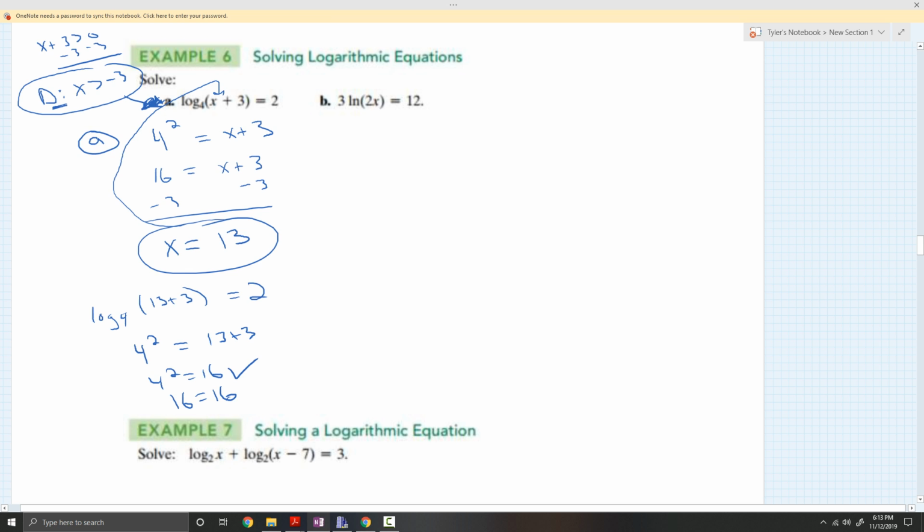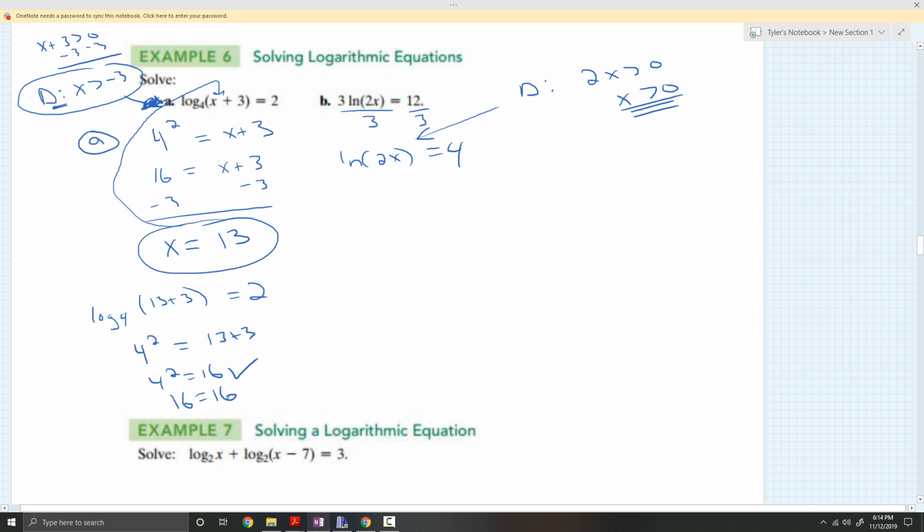So here for this one, we have 3 times the natural log of 2x equals 12. The first thing I would want to do is isolate that natural log expression, so I could divide both sides by 3. So we get the natural log of 2x equals 4. And now if we look at this, the domain would be, we want 2x bigger than 0, so that means we want x greater than 0.